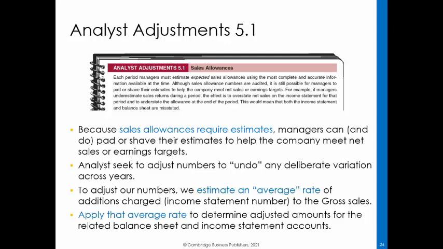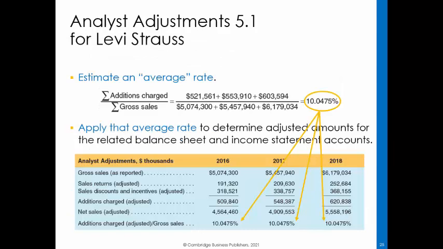If the ratio of additions charged to gross sales has varied over the 3-year period and the variance seems unreasonable, analysts might determine the average over the period and adjust each of the 3 income statements and balance sheets to reflect that average. To adjust the financial statements, we would calculate the difference between the unadjusted and adjusted additions charged each period and carry that amount through the accounts.